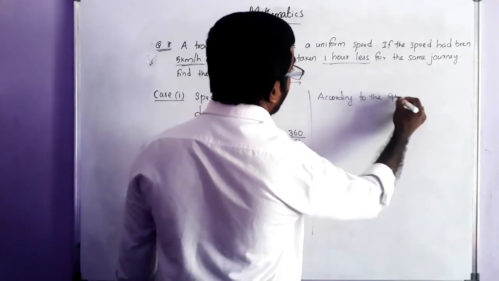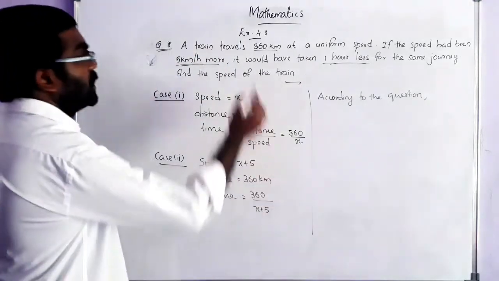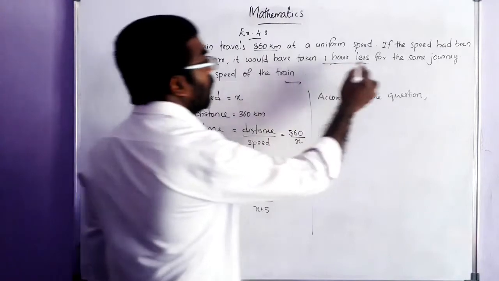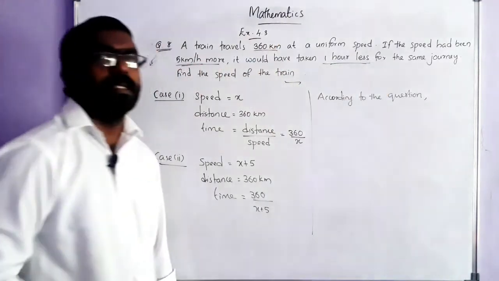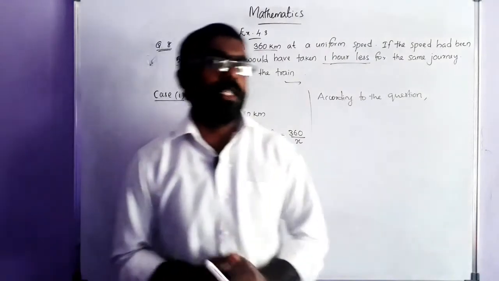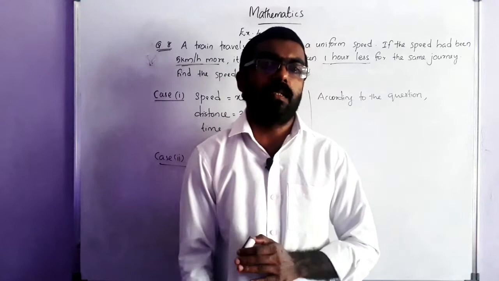we can write, if the speed had been 5 km per hour more, it would have taken 1 hour less for the same journey. As we know, speed and time are in inverse proportion. That means speed increases, time decreases.